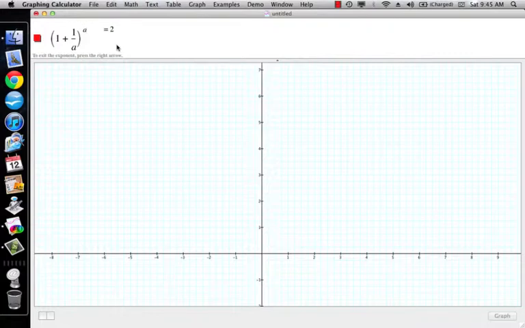Okay, so you got this function, 1 plus 1 over a raised to the a power. Just look at this, 1 plus 1 over a to the a.